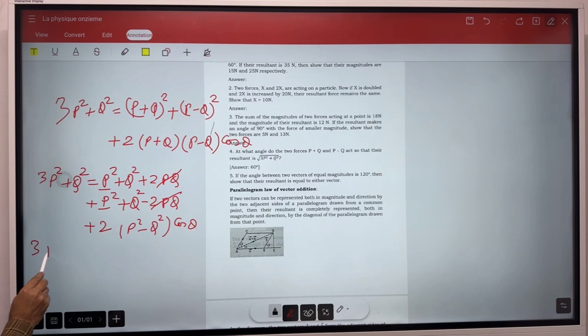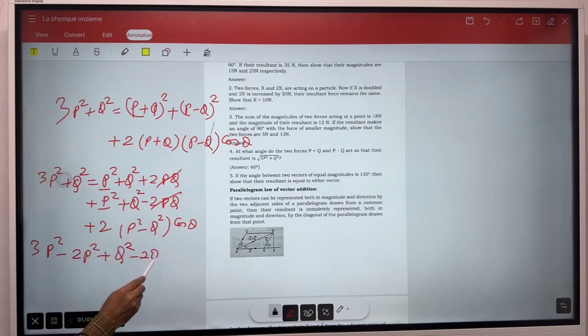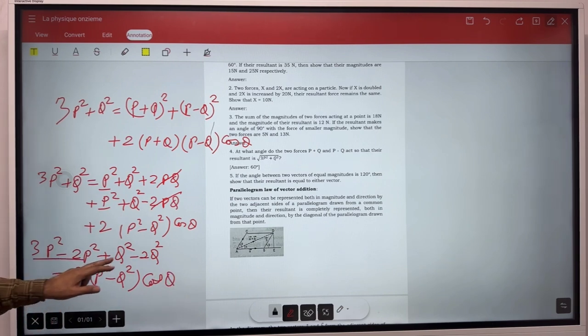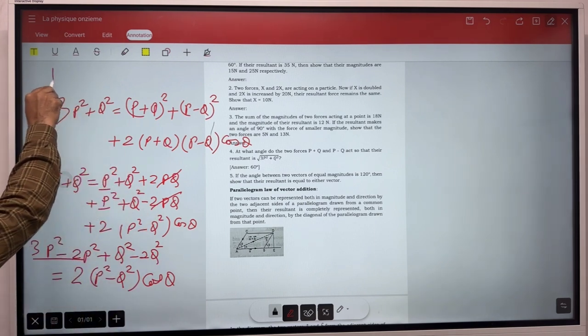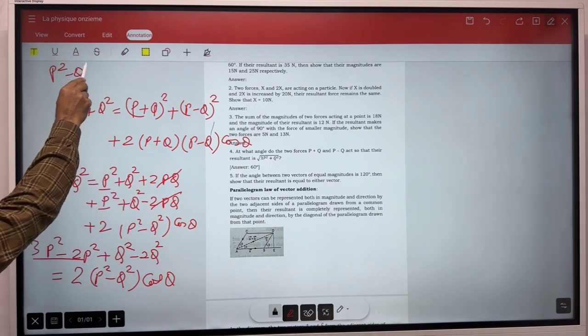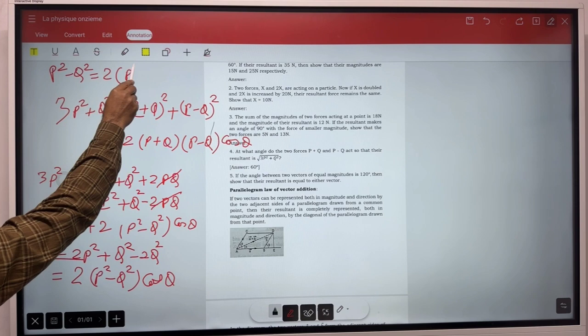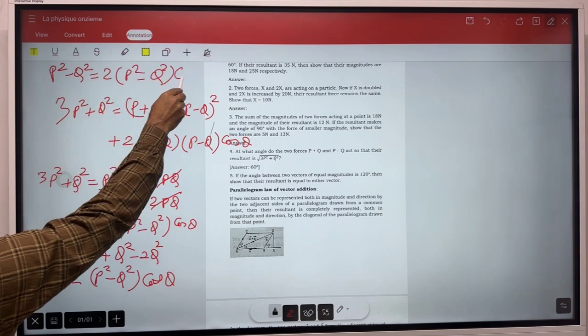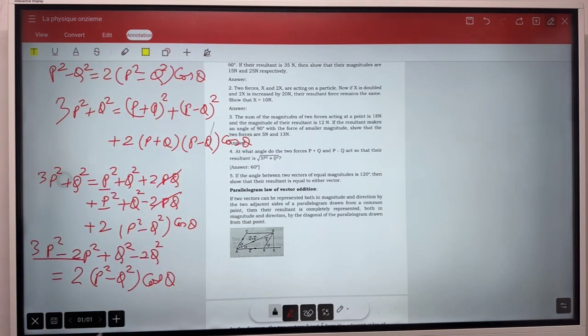So this will become 3P square minus 2P square plus Q square minus 2Q square is equal to, in the RHS, twice of (P square minus Q square) times cos theta will be left. This will give P square, this will give minus Q square. So P square minus Q square equals twice of (P square minus Q square) times cos theta.